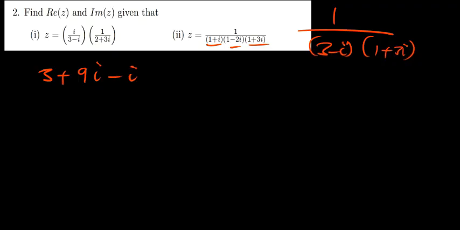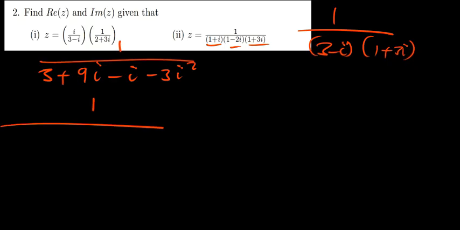Then negative i times 3i is negative 3i squared. Remember, on top here we have 1. So we have 1 divided by 3 plus 3 because this is going to give us plus because of the i squared, so it's going to be 9. Then this is going to be plus 8i. So I now have 1 over 9 plus 8i.